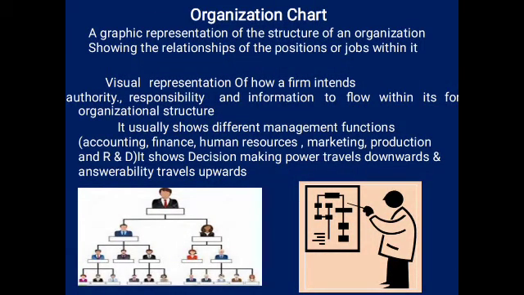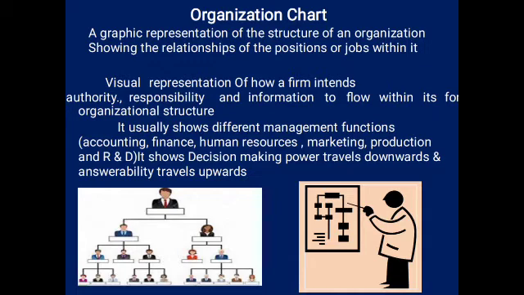First we will start with the organization chart. What is an organization chart? Generally a chart is a representation of a flow of a program. A flow chart gives the flow of data which is inputted through a computer. Similarly, an organization chart is a graphical representation of the structure of an organization.